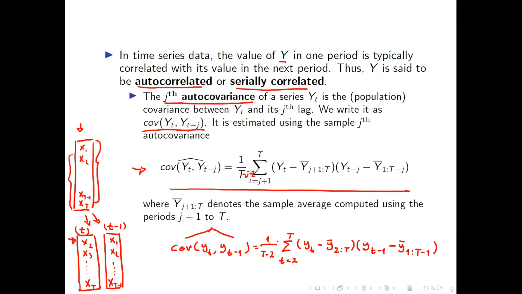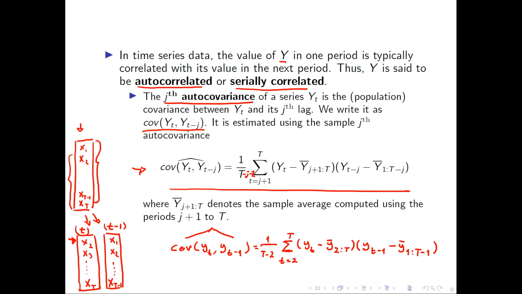So, we're going to do this in Stata, so we get a more tangible feel to it.